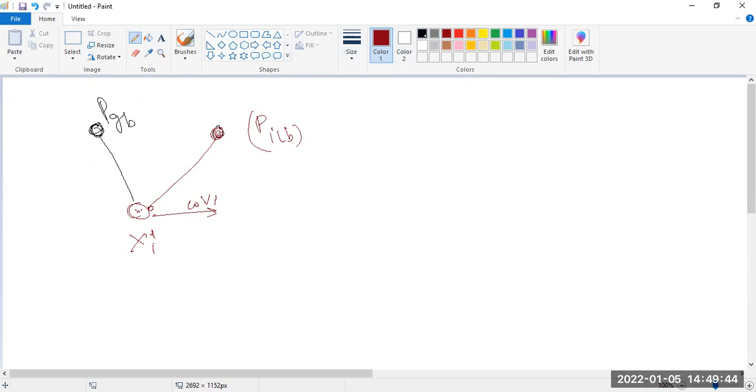After some time, if we add some vectors, you can see this is PLB, this is PGB. We just make it in the negative direction. This is PG, and we add the vector summation. This is omega V.